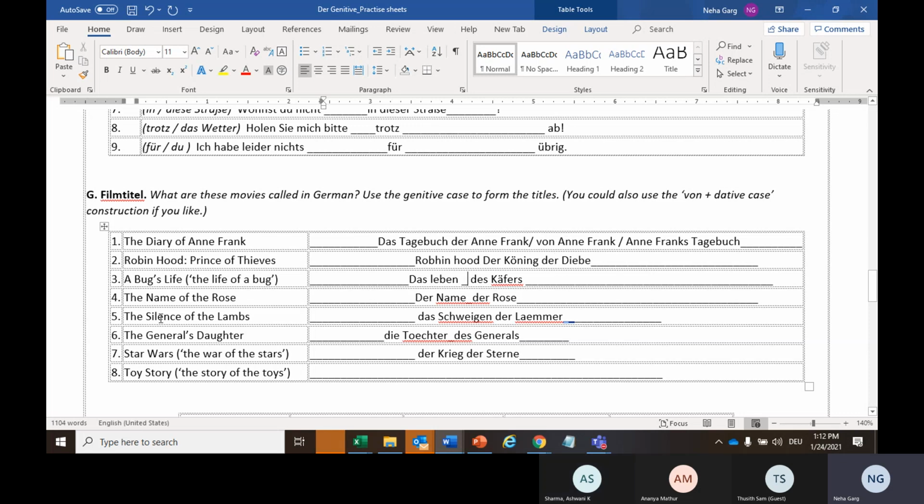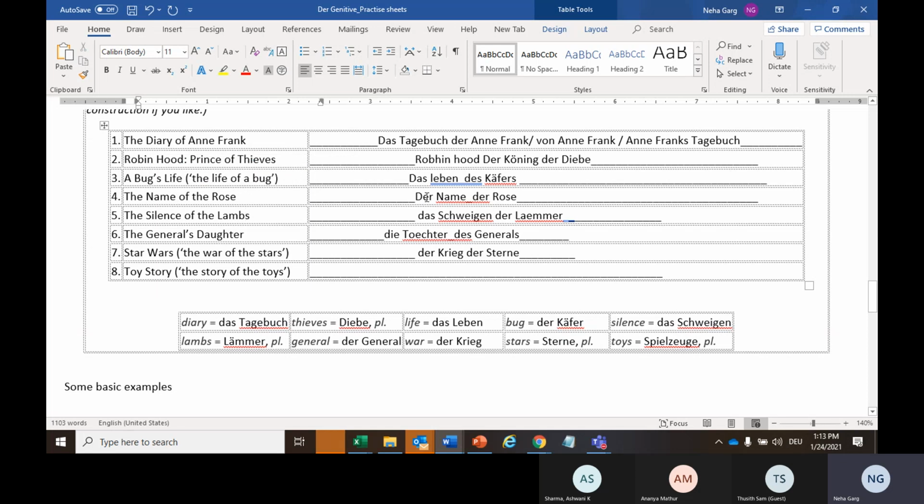Next, Sam. The bug's life. Das Leben des Käfers. Das Leben, the life of the bugs, or the bug's life.